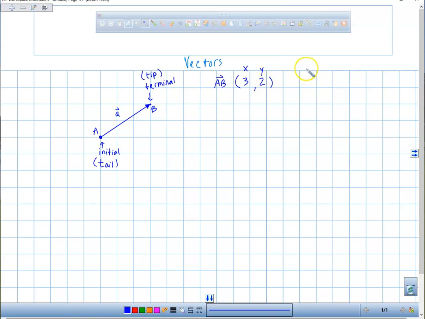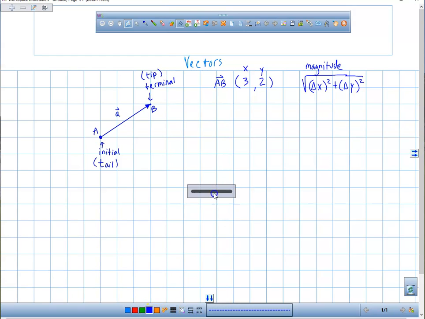Now, if I said what's the magnitude, this is a quick little review. What do I do to find the magnitude? Take the square root of the change in X squared plus the change in the Y component squared. Remember, do a little dotted line, and we'll get back to the actual vector.